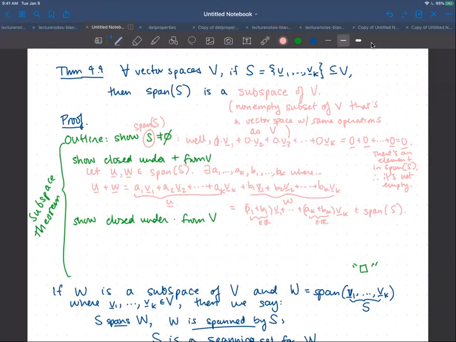Same kind of thing for closure under scalar multiplication. Let's let C be an element of the real numbers, and we'll keep U in span S, which means that there are A1 through AK where U is A1 V1 plus and so on, just like it was above, AK VK.